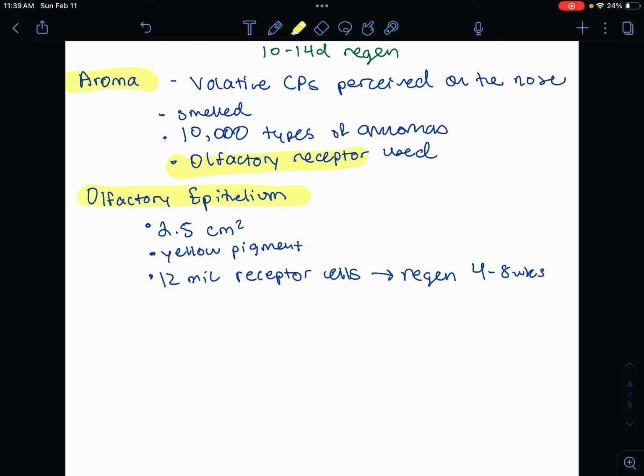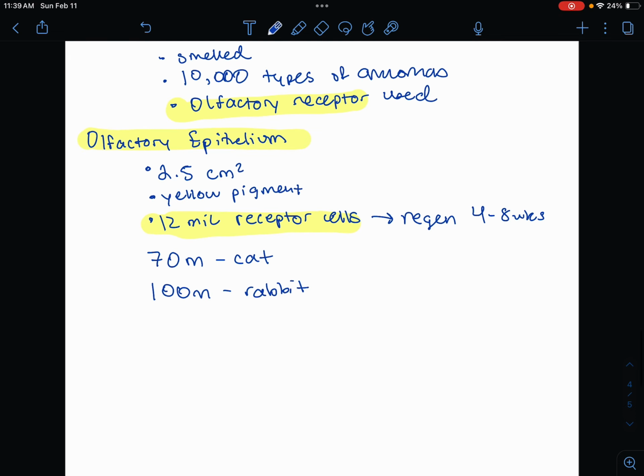All right, so when we're talking about the olfactory receptors, humans have 12 million. We're actually on the low end. Cats have 7 million. Rabbits have 100 million. Dogs have 1.2 billion. Next, after the general dog, we have the bloodhound.